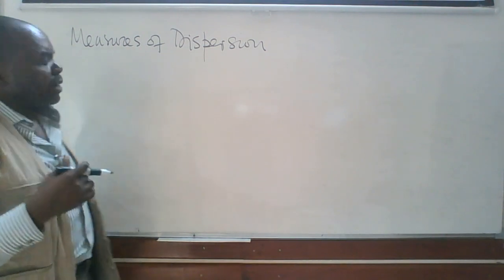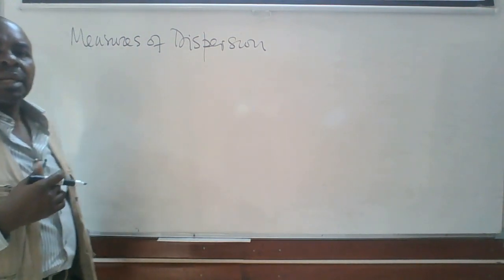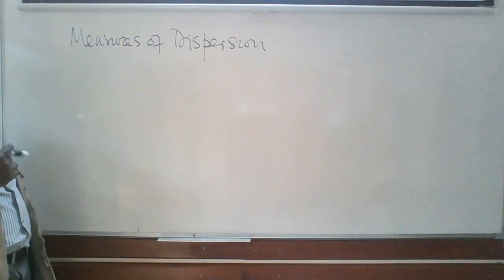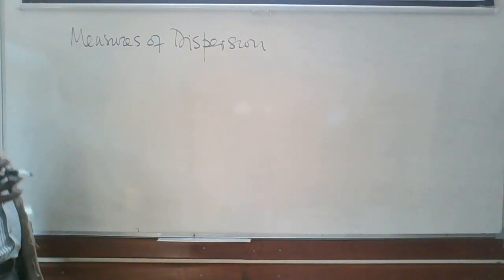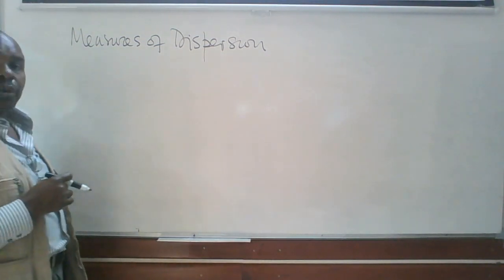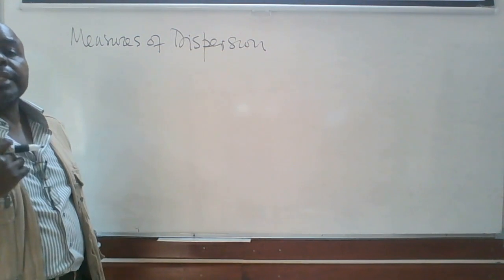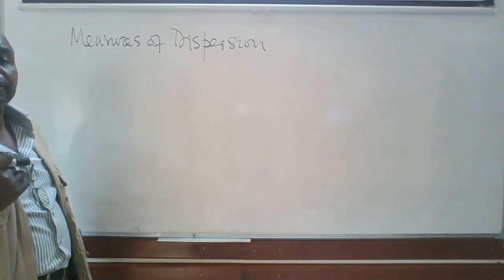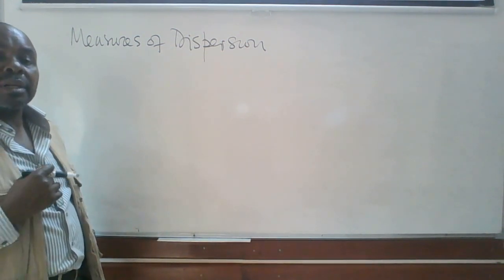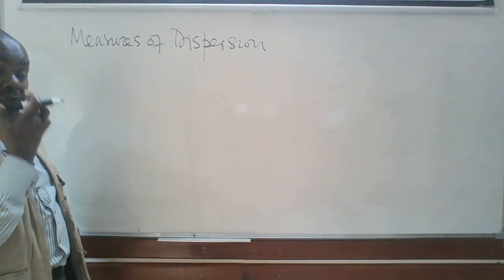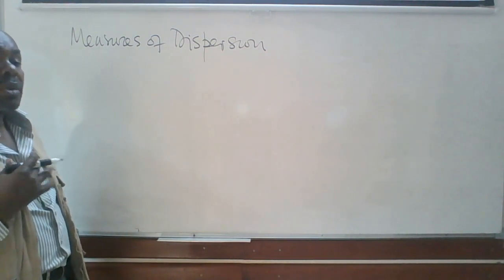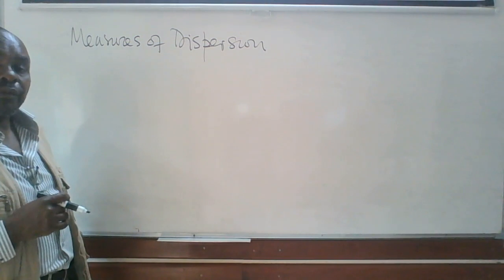This measure of dispersion actually helps us understand how far away data are from the mean. So if you have data that have a very big measure of spread, it's not very good in the sense that most values are far away from the mean.